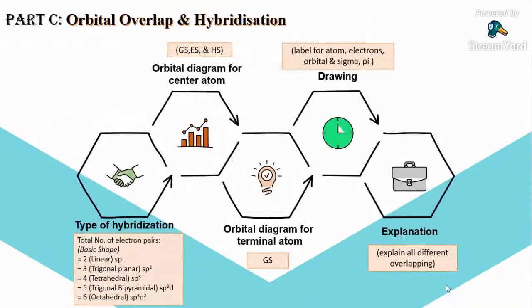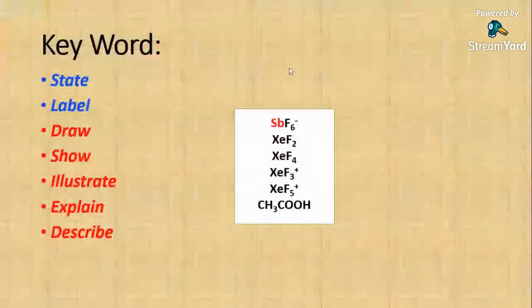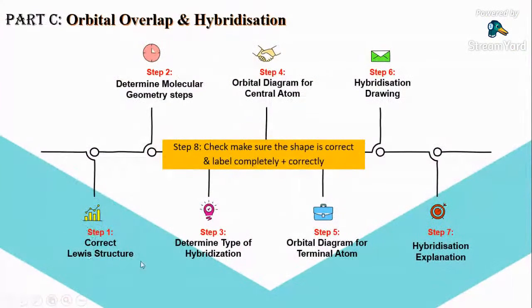These are the steps to help you to draw orbital overlap and hybridization. But before you know how to draw the orbital overlap and hybridization, you might start with step 1, correct restructure. And then step 2, molecular geometry. Okay, because when you draw the restructure, you're not sure the shape yet.